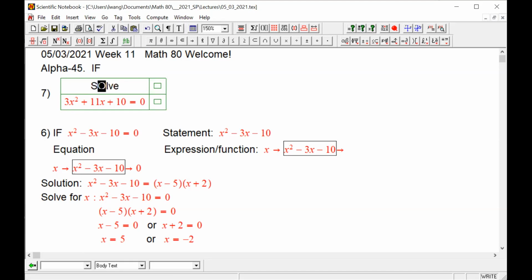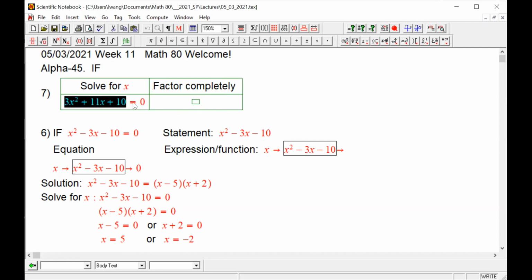Solve for x. Right? So that's the category. And the next one, factor completely. You can see the factoring is serving the purpose of solving for x, right? It's solving for x.